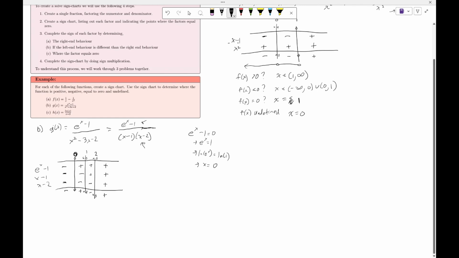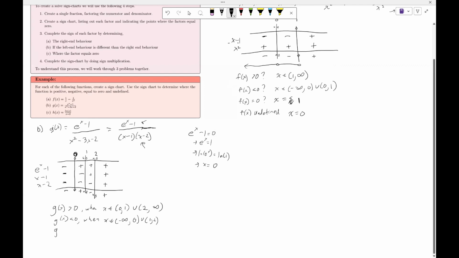And now from this chart, I can answer my 4 questions. G of x is greater than 0 when x is in the interval 0 to 1, union with 2 to infinity. G of x is less than 0 when x is in the interval minus infinity to 0, unioned with 1 to 2.